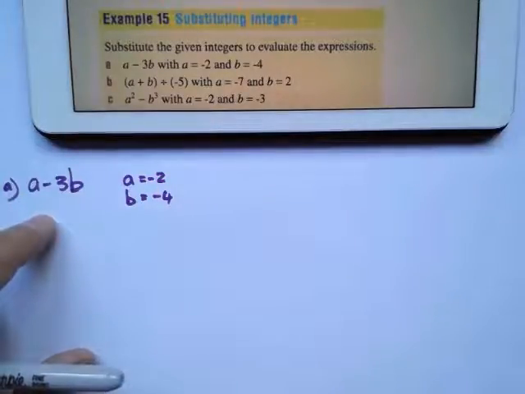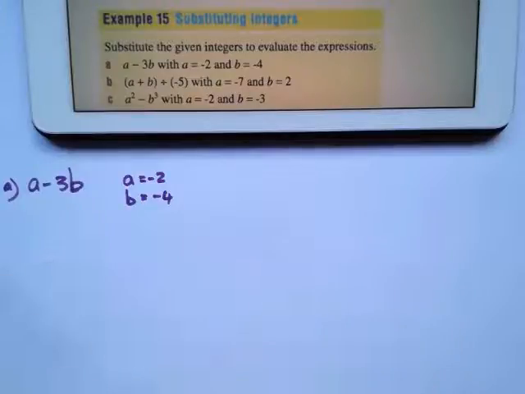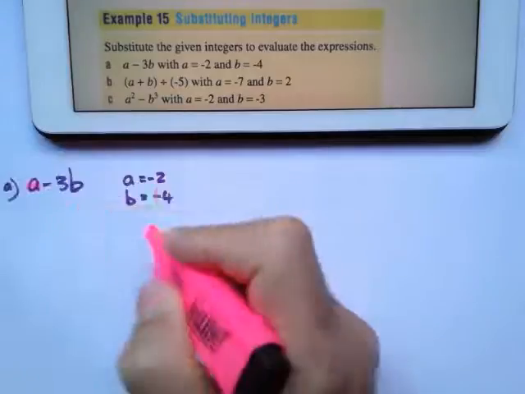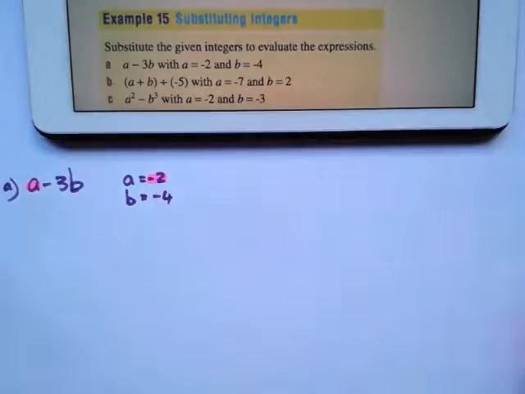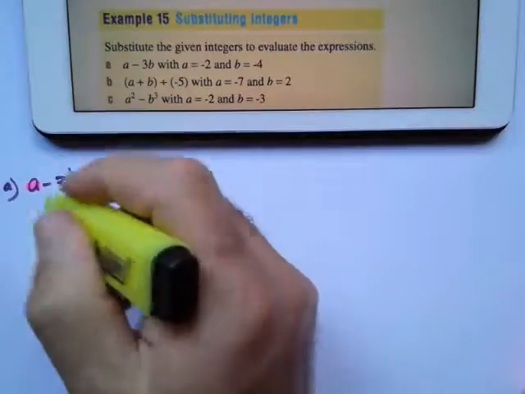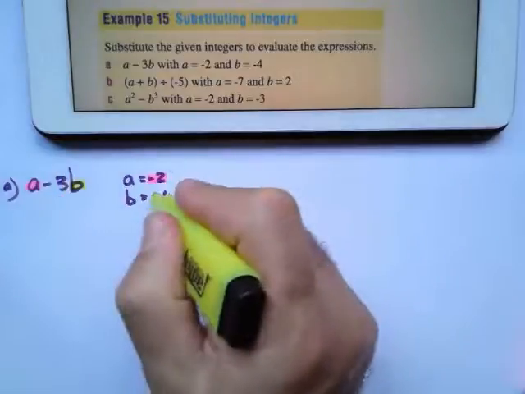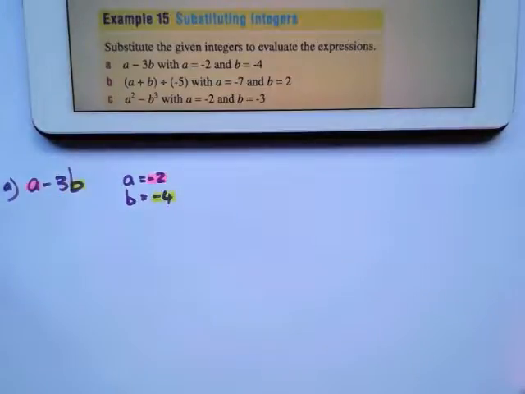So I have to replace a with negative 2. The golden rule with this is to use brackets. Wherever I see a, I'm going to have a bracket and substitute negative 2. Wherever I see b, I'm going to substitute negative 4.